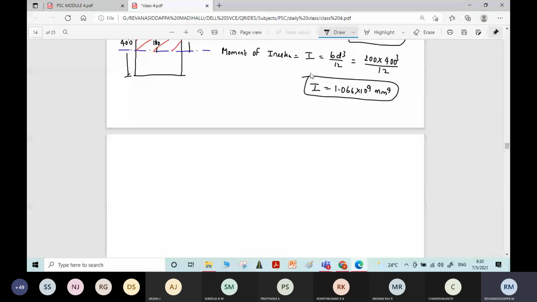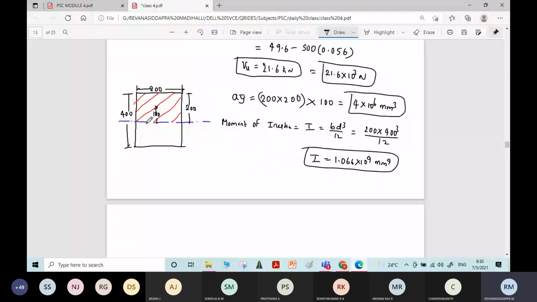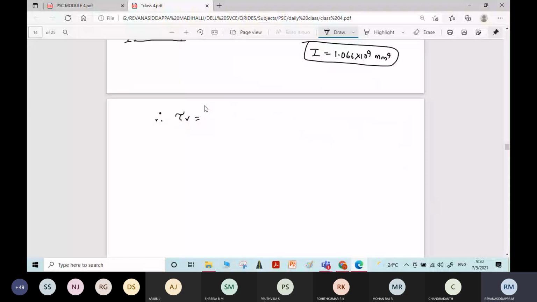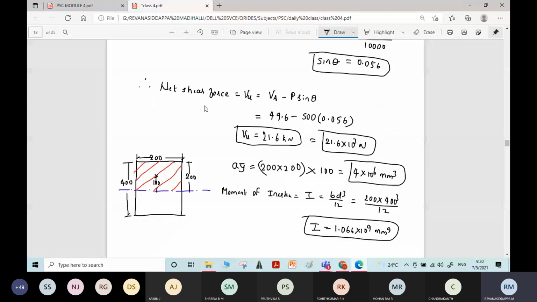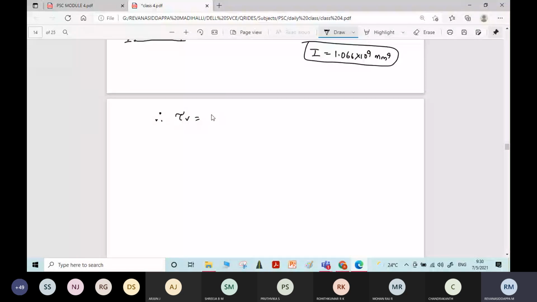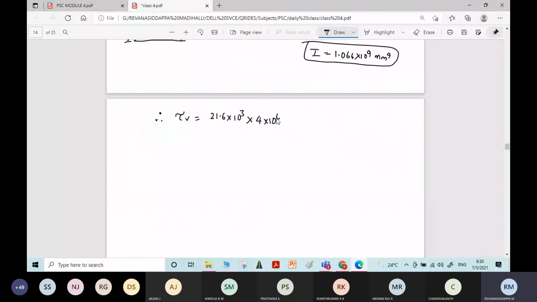Okay. Then width of the beam is 200, now you can calculate shear stress, total shear stress. Therefore, tau v is equal to Vu into AY bar divided by Ib. Vu is 21.6 into 10 power 3 Newton, into AY bar value is 4 into 10 power 6, divided by I, which is 1.066 into 10 power 9, into width of the beam 200.